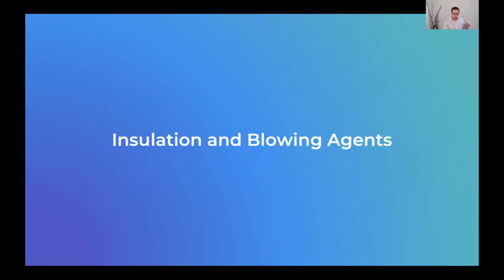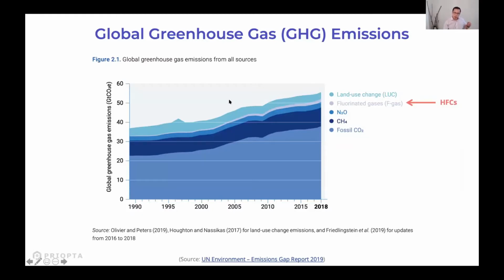Now let's get into insulation and blowing agents. If you look at global greenhouse gas emissions annually, you can see how it's changed from 1990 to 2018. We're oftentimes focused on the CO2 emissions, but we also need to think about methane. And then there are the fluorinated gases, F gases.